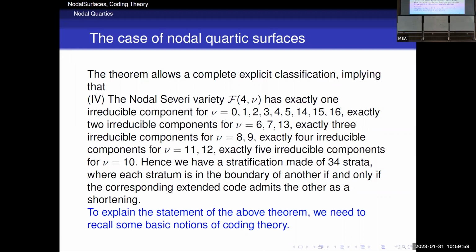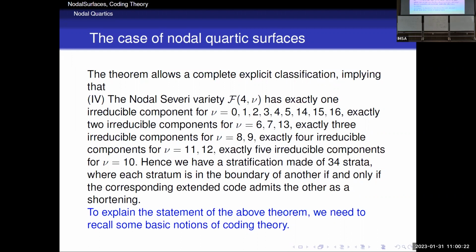So we have a stratification made of 34 strata, where each stratum is in the boundary of another if and only if the corresponding extended code admits the other as a shortening. So, at least for quartics, the dream of understanding this stratification is achieved.